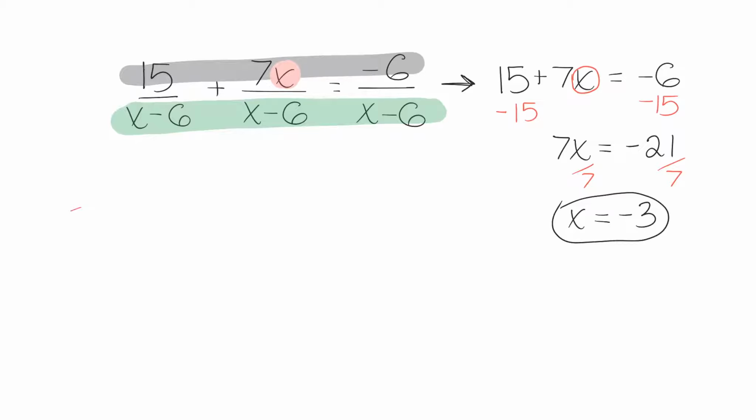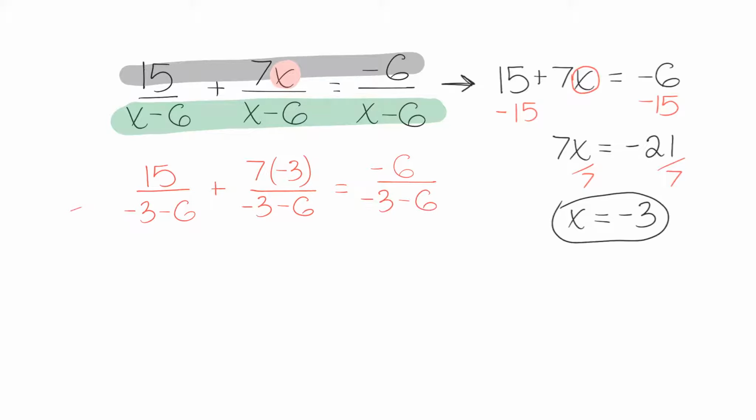Now, if I go back and want to check that work, it would look like this. I would say 15 over x minus 6. Well, I just said x is negative 3. So negative 3 minus 6, plus 7 times x, which is negative 3, over negative 3 minus 6, equals negative 6 over negative 3 minus 6.